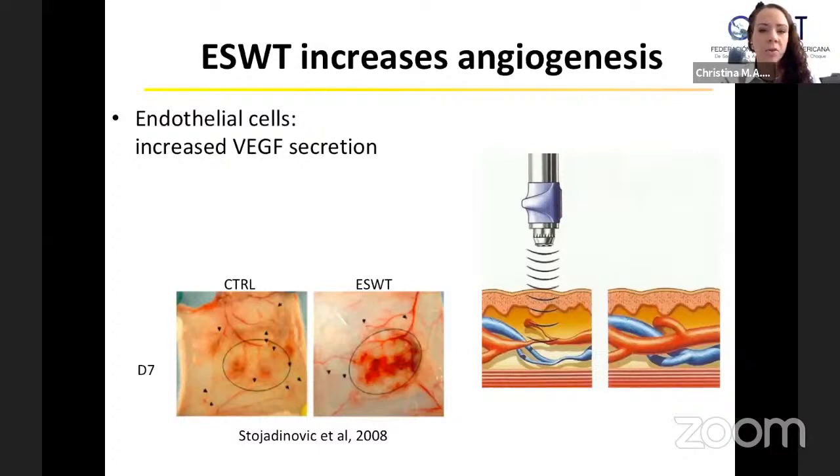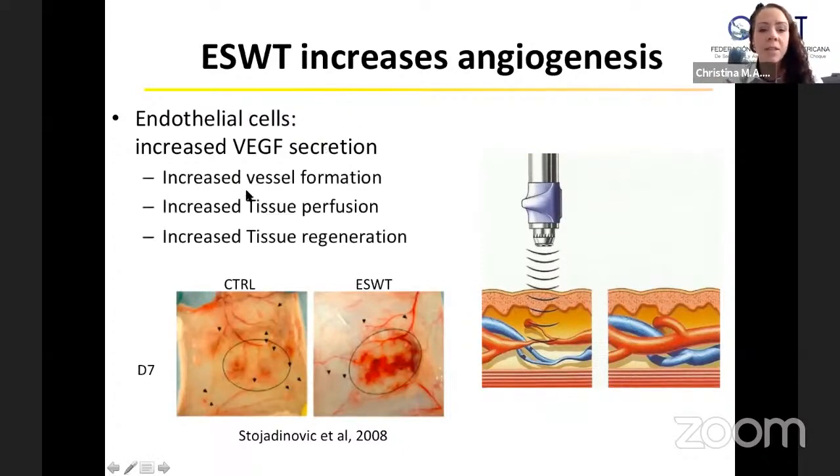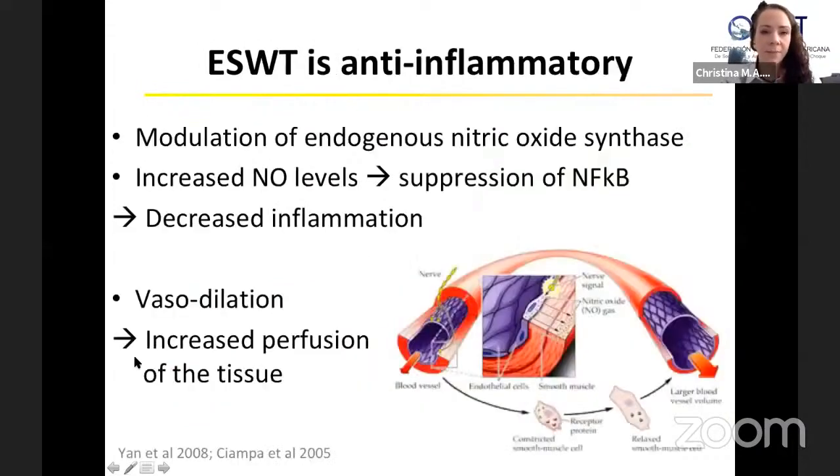And extracorporeal shockwave treatment is able to trigger endothelial cells to produce more vascular endothelial growth factor. And with that, we have increased vessel formation, increased tissue perfusion, and increased tissue regeneration. But that is only one of the effects.